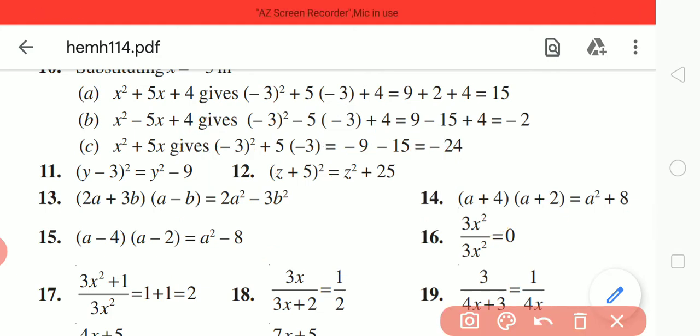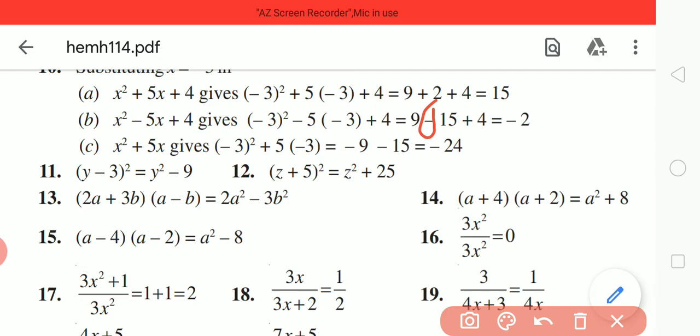Come to B part. Here also x square we have been given, minus 3 square, minus 5 into minus 3 and plus 4. You know, minus 3 square is 9. Yes, it is correct. When you multiply a negative number to a negative number, it becomes positive. So there must be positive 15, right? So you will circle this minus sign, because only this minus sign is wrong here.